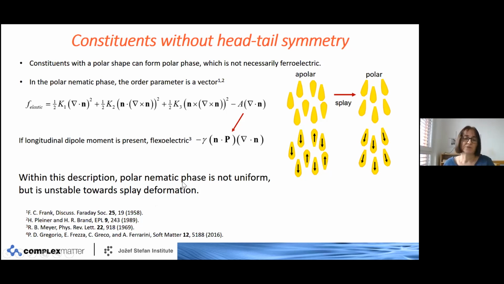And with this description, the polar nematic phase is not uniform, but is unstable towards splay deformation. This is a fact that was, again, long ago observed by Frank, and then more thoroughly theoretically discussed by Pleiner and Brand, and recently it was also shown by density functional theory by Gregorio from the Ferrarini group.